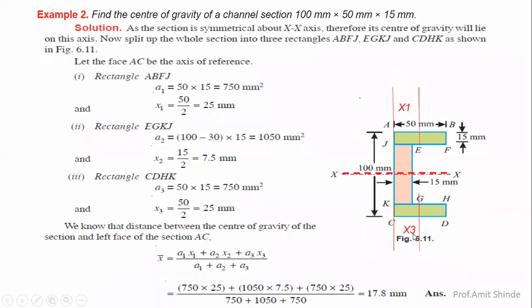Similarly over here, half of this distance is x3, because these two geometries are symmetrical, and this value is 50 by 2, which is 25 millimeter. A1 and A3 are symmetrical because the geometries are symmetrical.